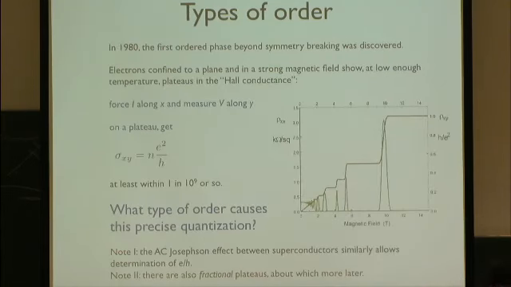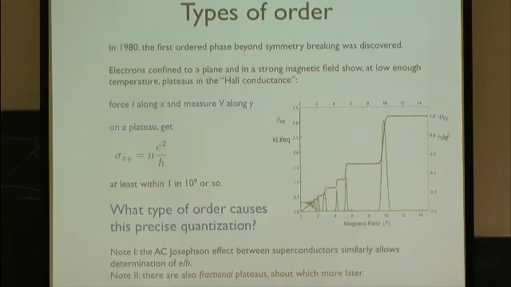What about other kinds? So essentially, by serendipity, Klaus von Klitzing and collaborators were doing measurements on two-dimensional electron gases, and they found something remarkable. So for use in your cell phone and other practical devices, it's nice to make two-dimensional electron gases, which just means that one is in the lowest quantum state in the vertical direction.